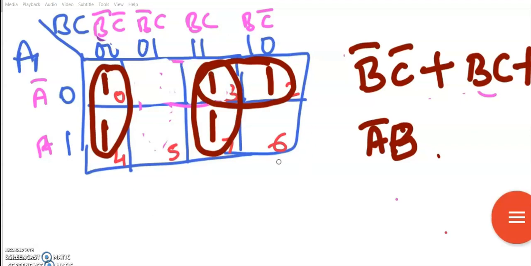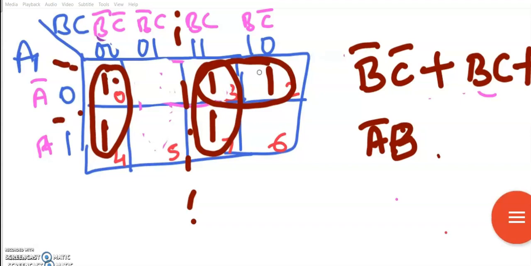For this problem, this is not the only solution, we can have one more solution. When we make these two into a group, this is the result we got. But there is one more, when we fold the map. When we fold the map in half, these cells will come adjacent. So these two can be a single group.